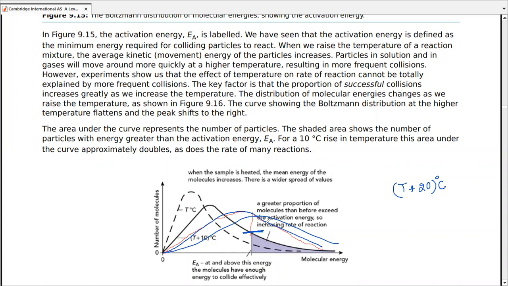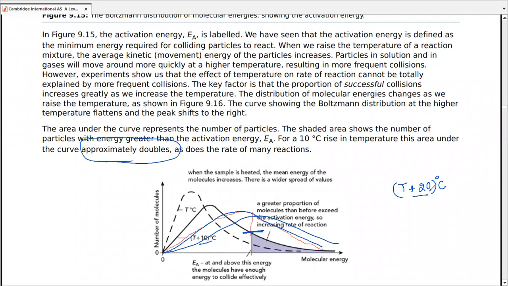So the point I'm trying to make by drawing these curves is to give you the idea that temperature can have a very good effect on rate of reaction. And as we are saying that it is doubling for just a 10 degrees difference, maybe it would triple for a 20 degrees difference, maybe 4 times for a 30 degrees difference, but that won't keep on doing that. Let's say we increase it 1,000 times.